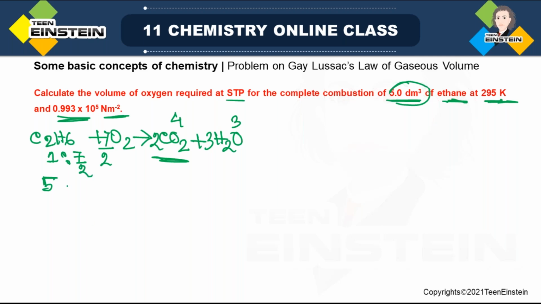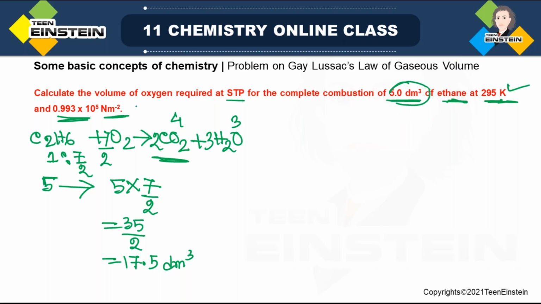So when it is 5, the corresponding amount should be 5 into 7 by 2, which is 35 by 2, or we can say it is 17.5 dm cube. So in this way, you can find the amount of oxygen required for reaction of 5 dm cube of ethane at this condition, because temperature and pressure are given.